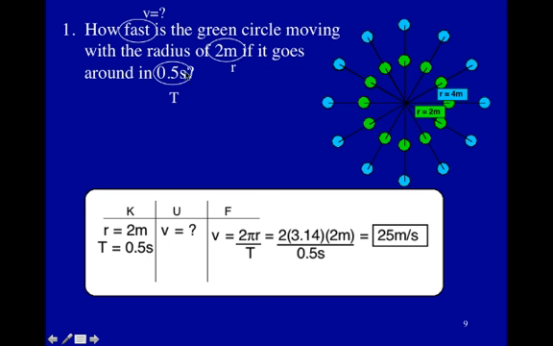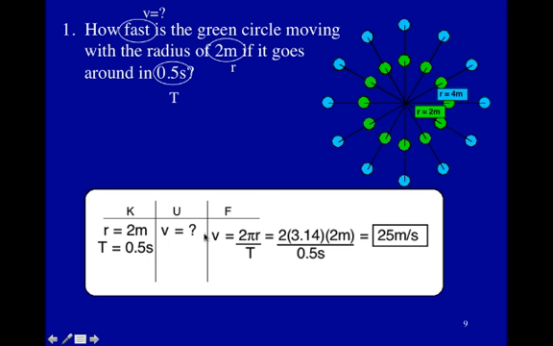And it goes around in 0.5 seconds. Well, that's not regular time, that's a special time. That's the period that it takes the green ball to go around here, the period of rotation. And our unknown, how fast, is the speed of the green ball. So we do our KUF chart here, and our radius and period we note with 2 meters and 0.5 seconds.